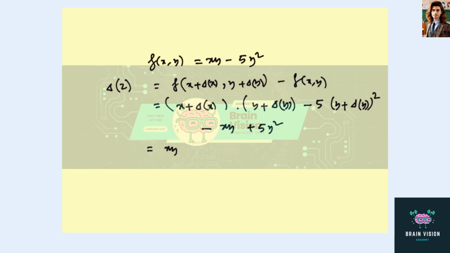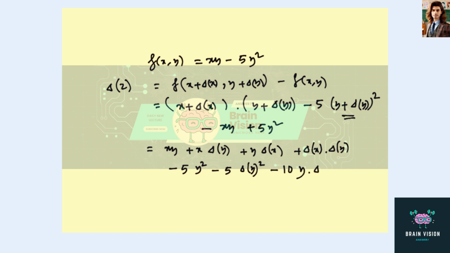This becomes xy plus x times delta y plus y times delta x plus delta x times delta y, and then negative 5y squared, and then negative 5 delta y whole squared, and then plus 2ab, so minus 10y times delta y, and then I also have minus xy plus 5y squared.